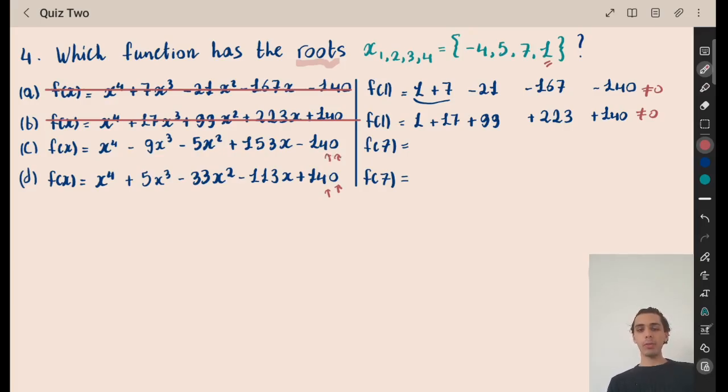So in the end, you'll have to try out f of 7. And in that case, you would only need to try it out for one of the two. So that at least simplifies it a little bit. But then you're like, okay, how do I solve this quickly? There's not really an efficient way of doing it.